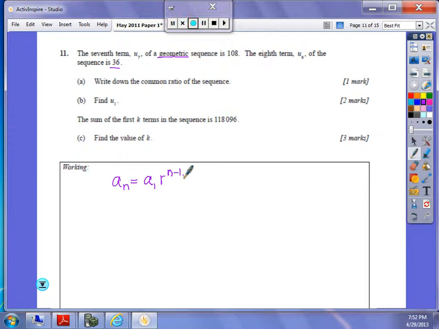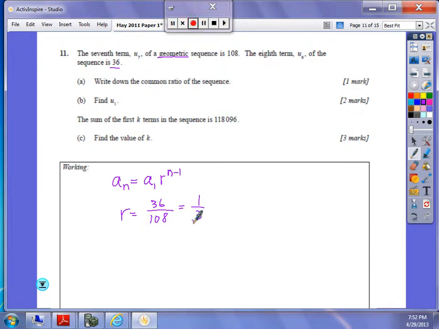So the ratio here is going to be equal to the 8th term, which is 36, divided by the 7th term, which is 108. And so our common ratio for this problem is equal to 1/3.